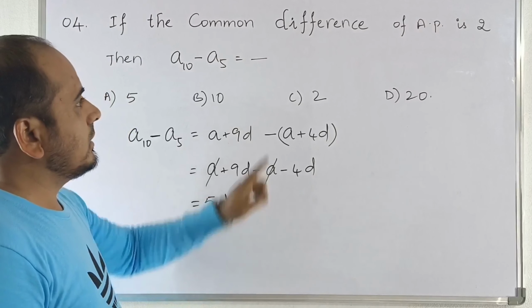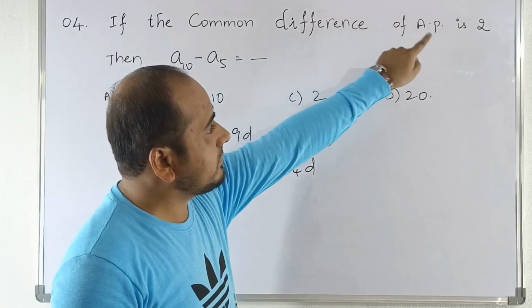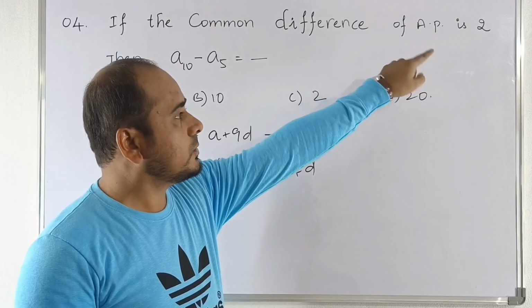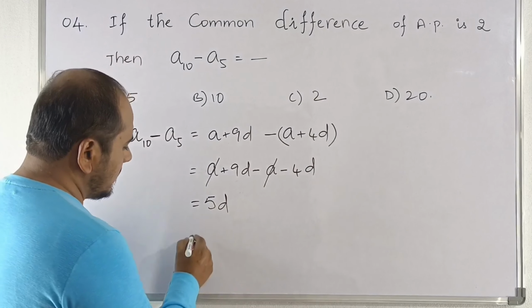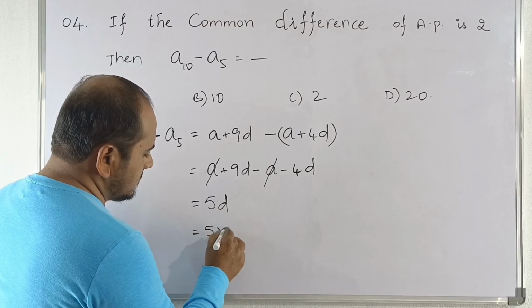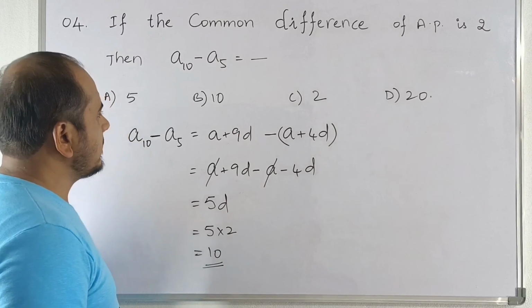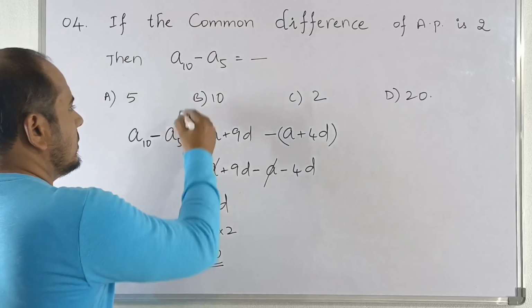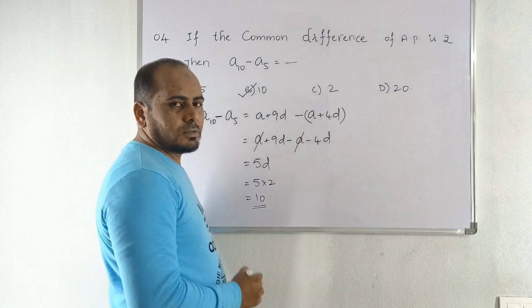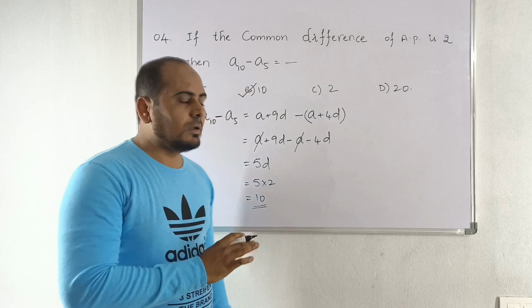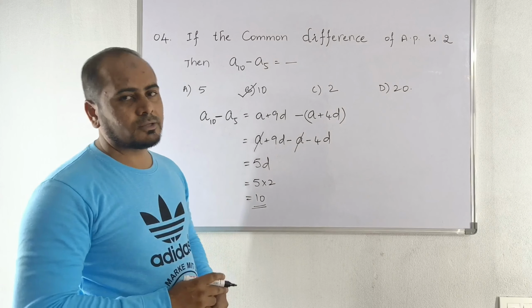Not like that, my dear. The common difference is given as 2, and that 2 can be substituted here. 5 into 2, 5 twos are 10. So 10 is the right option, B. Hope you understand. We shall go for the next question, my dear.